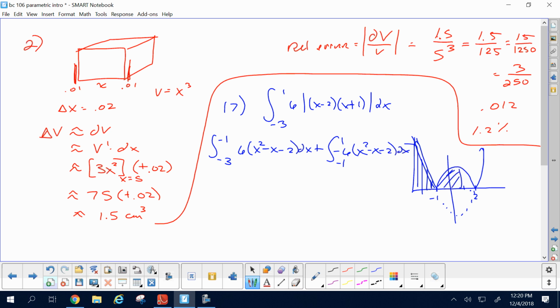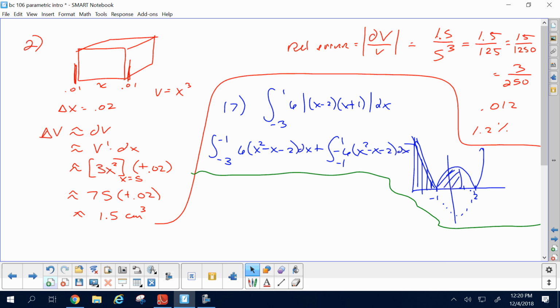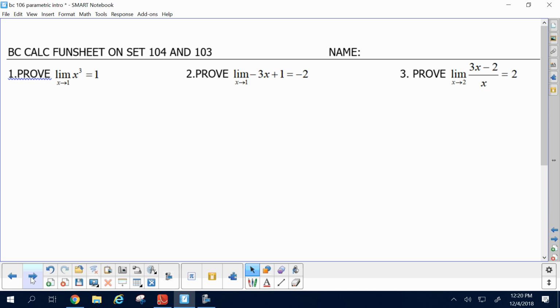Okay, 18. Is anybody 18? Going? Going? Okay, the fun sheet. Some of this fun sheet probably went great. Some of this you had no idea what was going on. Oh, I'm sorry.